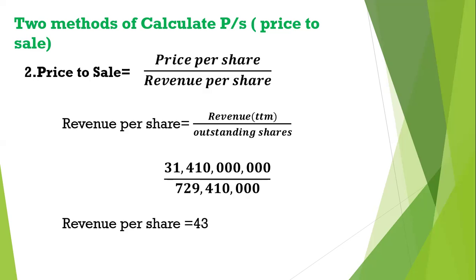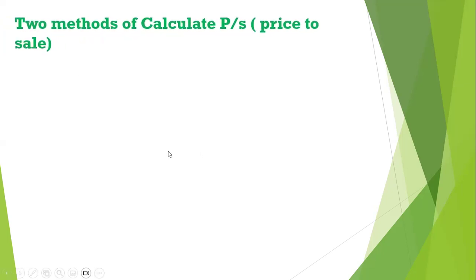So you're getting the revenue per share, which is 43. Now let's divide the price per share by the revenue per share, and we get the value.